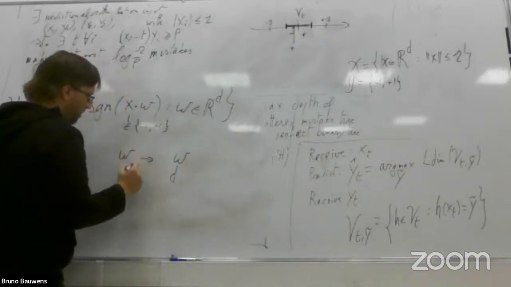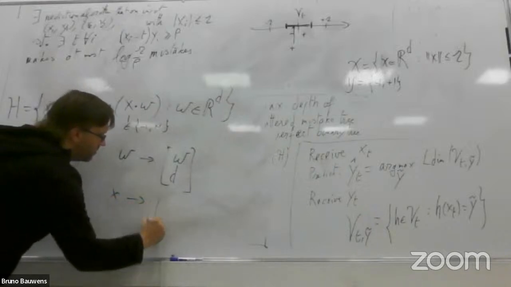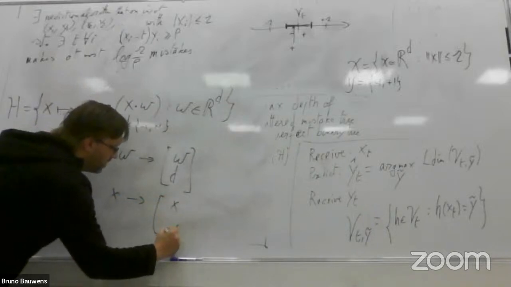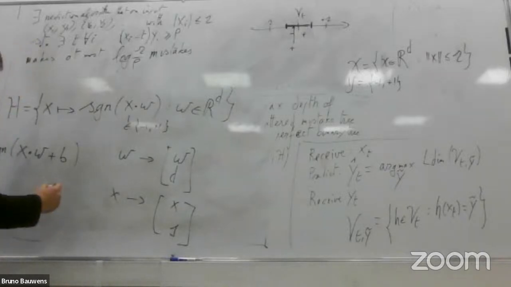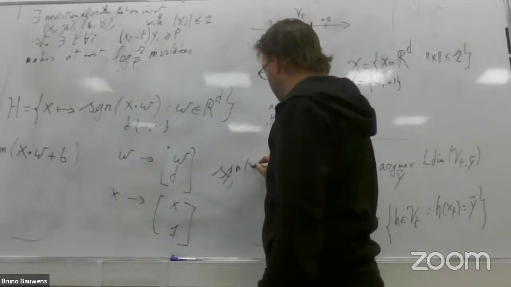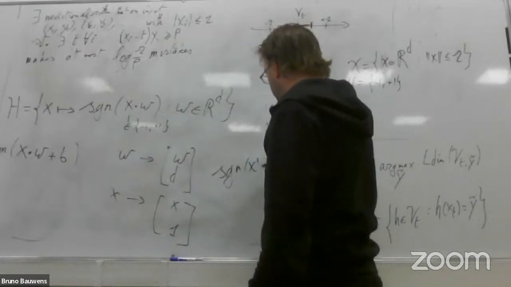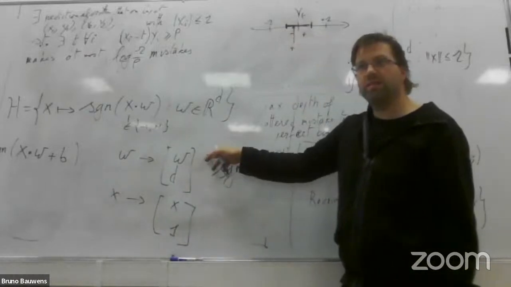the vector w with b appended, and x goes to x with 1 at the bottom. Then here we have a similar thing: sign of x prime times w prime, where x prime and w prime are defined like this.